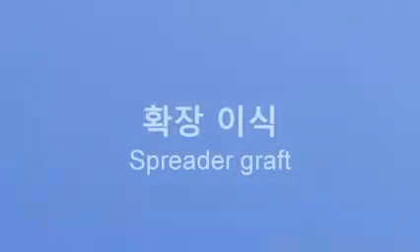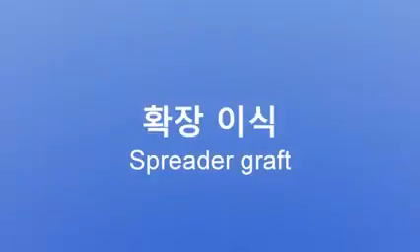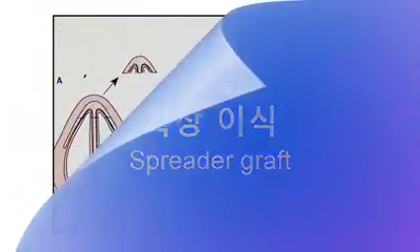Next, I will talk about a special rhinoplasty called spreader graft. After osteotomies, if the nasal bone is narrowed too much, there can be airway obstruction. So, a cartilage should be grafted at 1/3 point of its height in order to widen the inside of the nose and prevent it from getting too narrow.